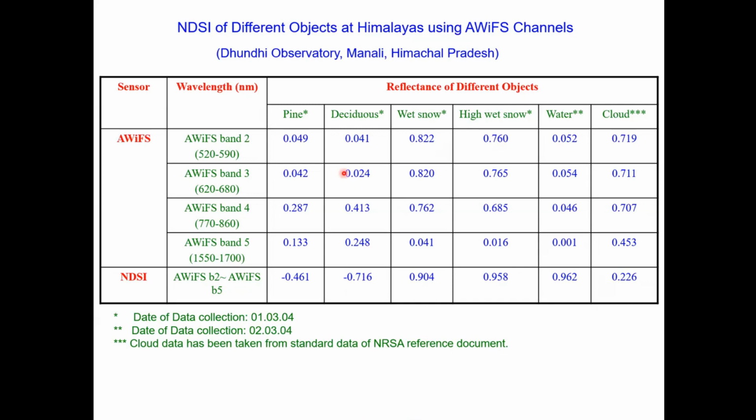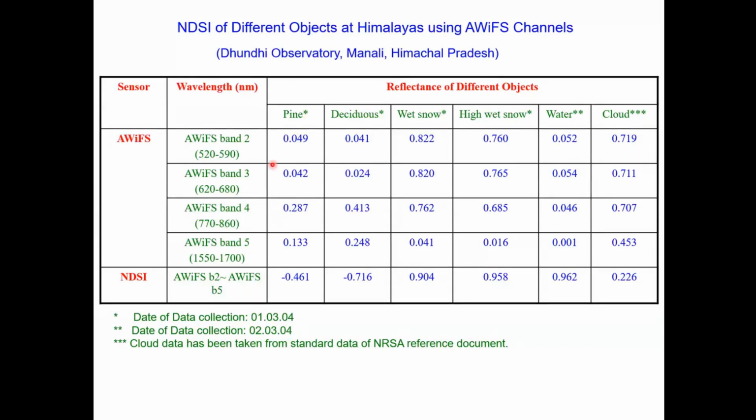the spectral reflectance curve. If you look here at band 2, which is 520 to 590 nanometer, you can see how much the reflectance is: 0.49 in pine, deciduous, 0.82 is wet snow, very high wet snow 0.76, and water is 0.52.